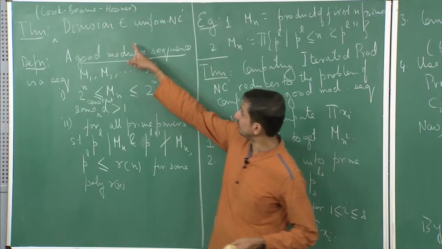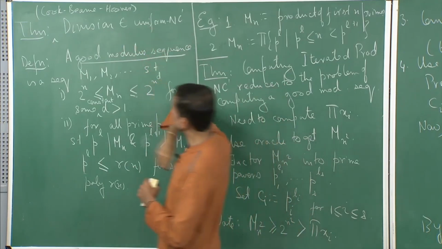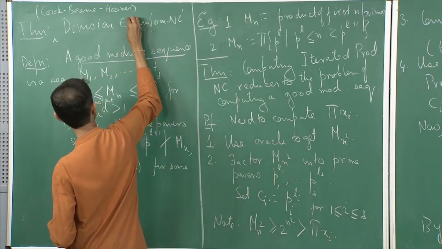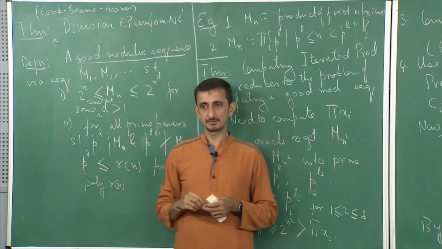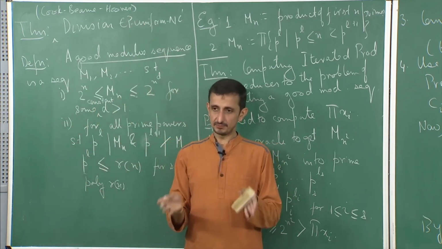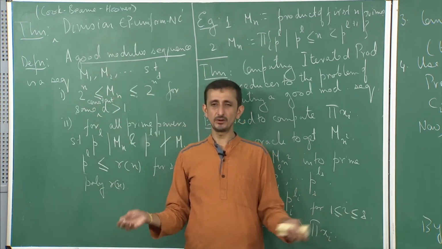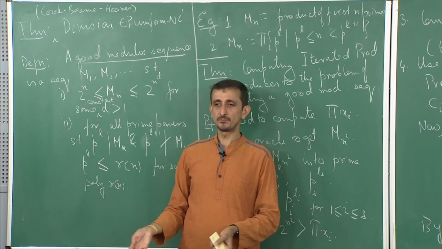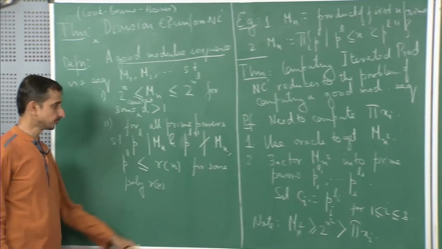Here I purposefully did not write what kind of uniformity. What I get is that division is in P uniform NC1 as a result of this. So given these x1 to xn, I do not look at the input, I look at n, I apply a polynomial time algorithm, I get Mn square and then everything else follows in place.